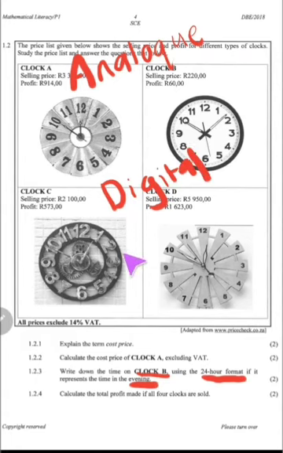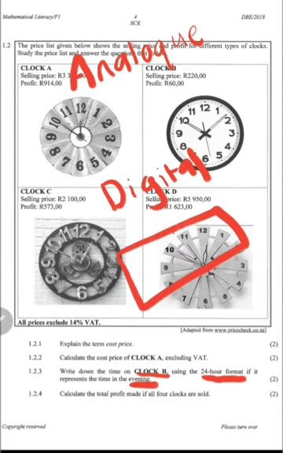A digital clock is basically where it will display the time, hours and minutes. You will only see digits. So you won't see an analog that is moving. The technology changed, which works basically with batteries.